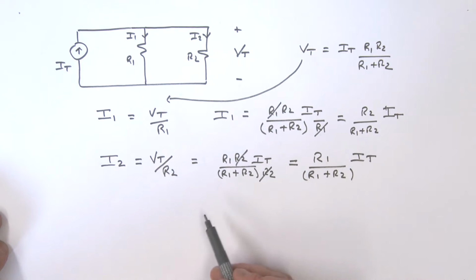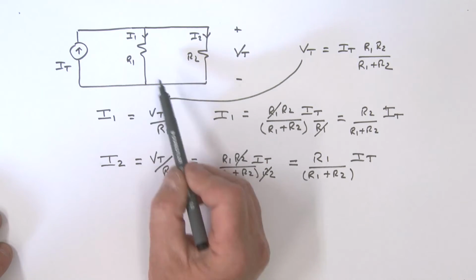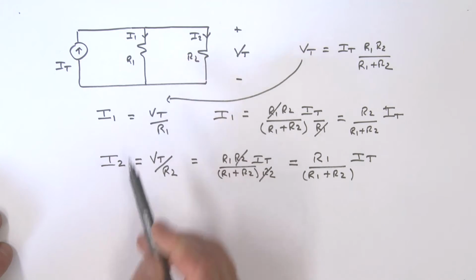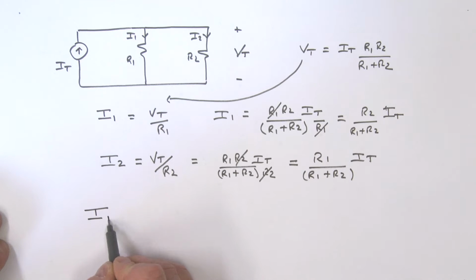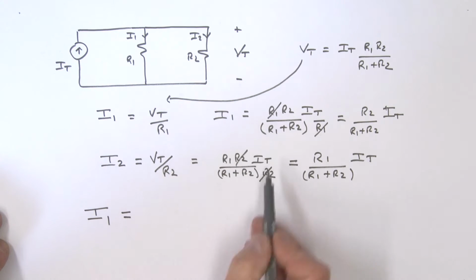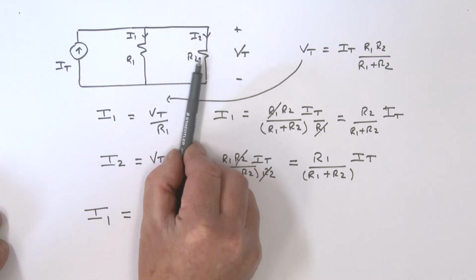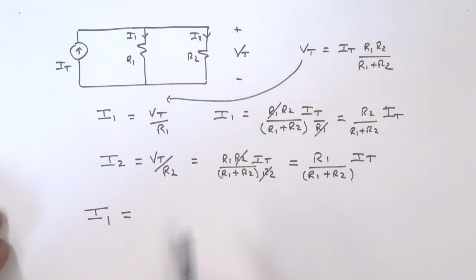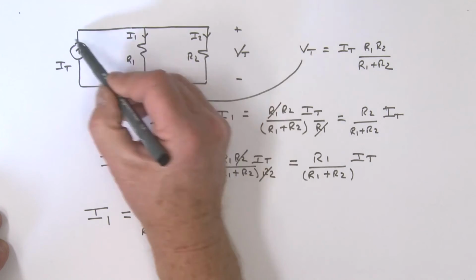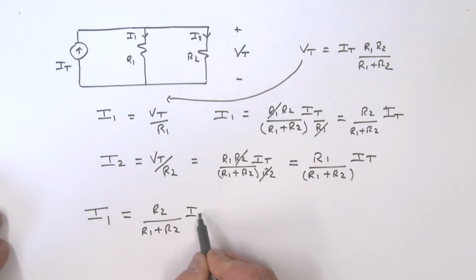Now, think about this with me for a moment. I'm going to recap. If I want the current I1, without going through the derivation here, I1 is equal to, take the opposite resistor, which is R2, divide by the sum of the two, which is R1 plus R2, multiplied by the current IT.